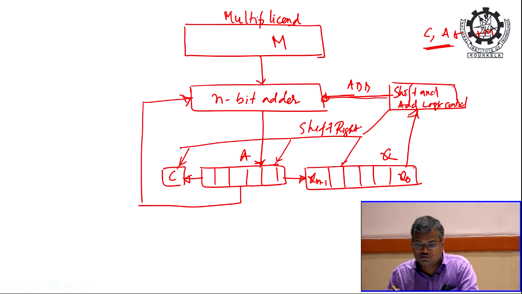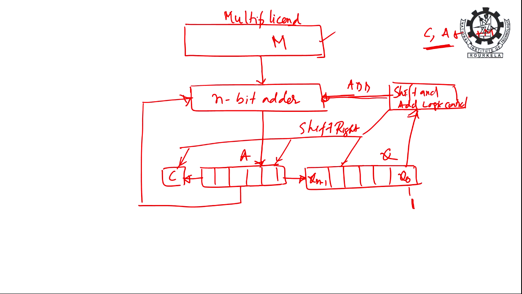okay. So, we have the multiplicand. So, if Q 0 is 1, then what we have to do? We have to add what? We have to add A plus M. So, therefore, this A will go here, M will come here. So, after addition, that results will be also stored into C and Q register.